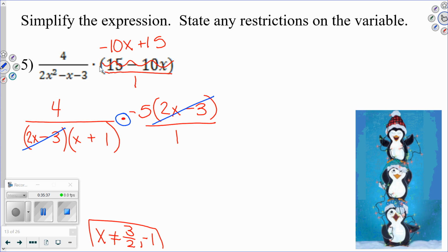Multiply. 4 times negative 5 is negative 20. And on the bottom, we have an x plus 1. All right, so guys, I have smoosh on there on your step-by-step because I don't want you to distribute and all of that stuff. But if you have just plain old numbers, please multiply them. Don't add them. Don't subtract them. That is a multiplication problem.